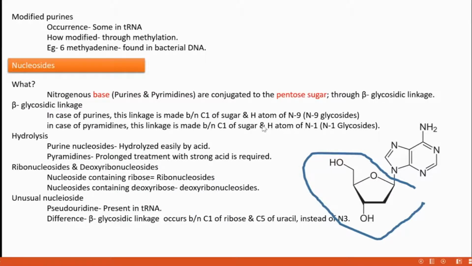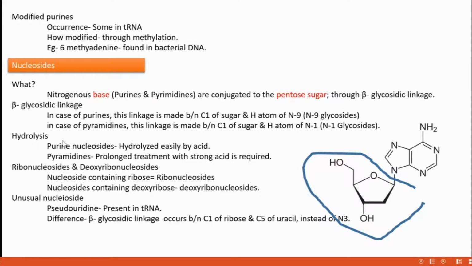The only difference is in the other part of the bond. In both cases carbon 1 is involved in the bond formation, but the hydrogen atom belonging to the ninth nitrogen in purines, and the nitrogen atom of the first position in pyrimidines, is involved in the glycosidic bond formation.